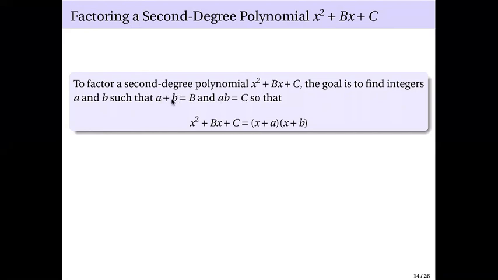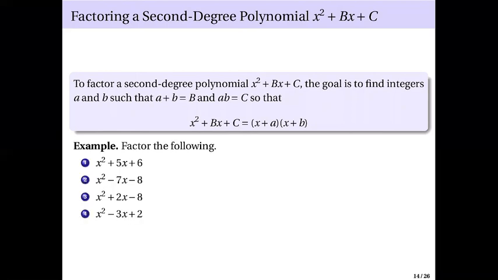You could have several trials and choose the one that satisfies this condition. For example, we have these expressions here to factor.